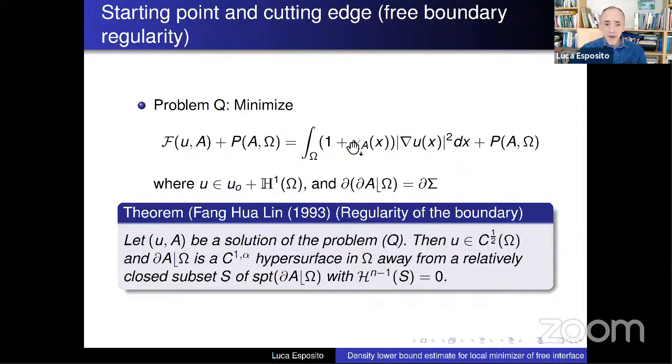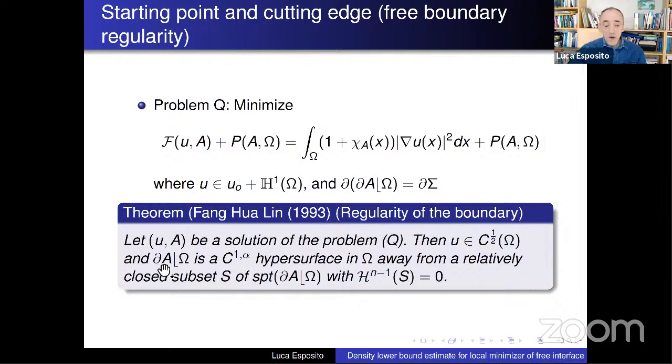Minimizers of this functional are continuous, but precisely the exponent of Hölder continuity for the function u is 1/2. And this 1/2 is an important threshold, as we will see in a moment. And moreover, the interface of the set, so the boundary of the set A, is a C^{1,alpha} hypersurface away from a singular set.